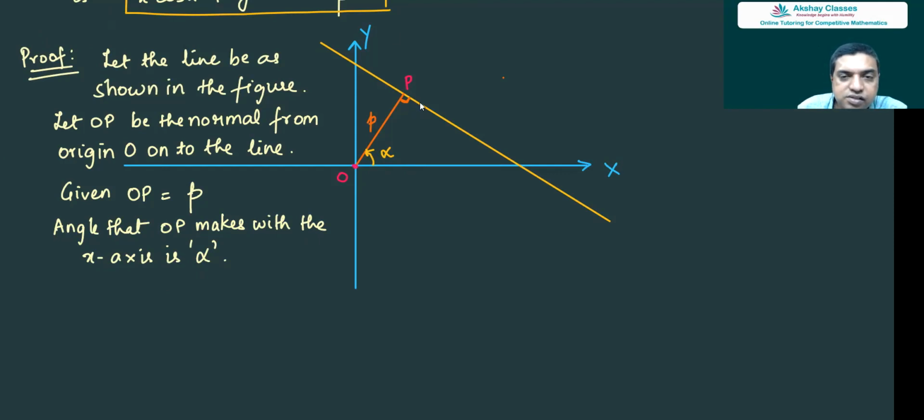Okay. So now I want to find the coordinates of this point P. Let this point be Q. That means we have drawn another perpendicular from P onto the x-axis.